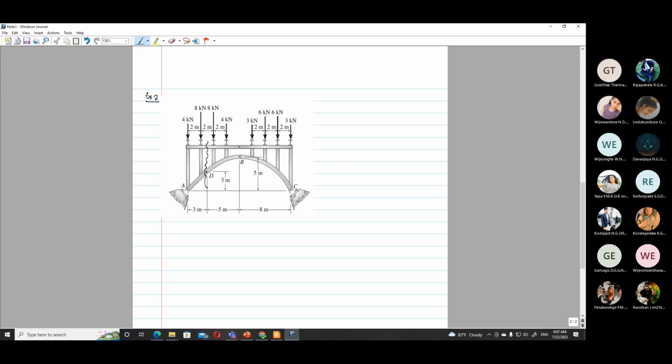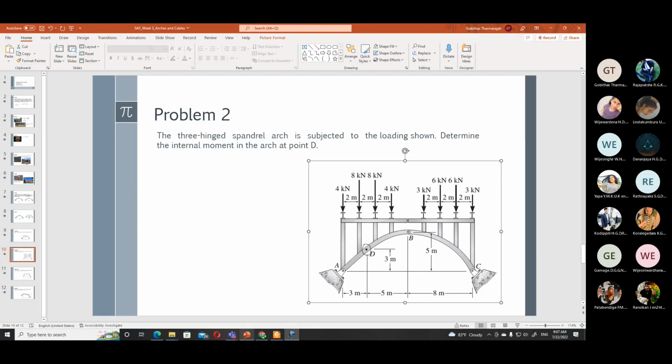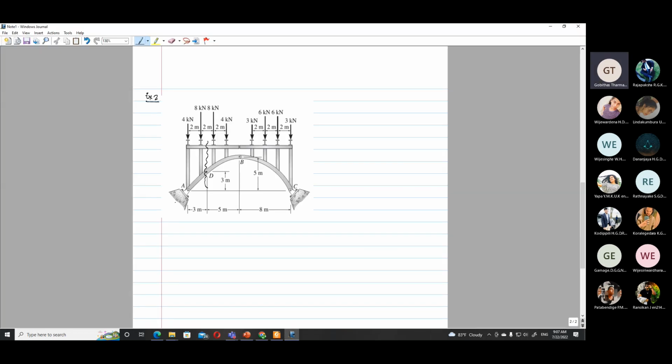So here you have a 3-hinged arch. This is a hinge, this is a hinge, B is a hinge. So hinge means you have these forces: RA, RC, then a horizontal one perpendicular to this, that will be HA, HC.